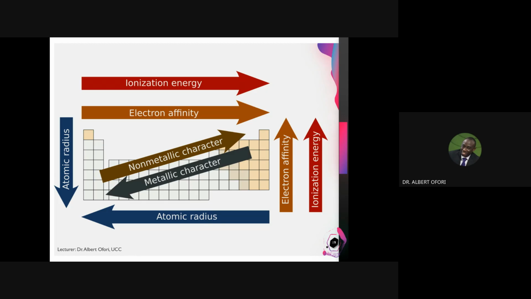The electrons that are closer to the nucleus will be attracted more, so they have a stronger nuclear effect, but they will shield other electrons from getting access to the nucleus. So we have these two principles that we use to explain the trend in periodic properties: the nuclear effect and the shielding effect.